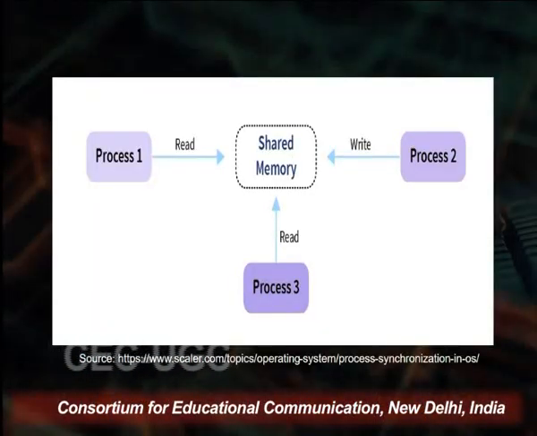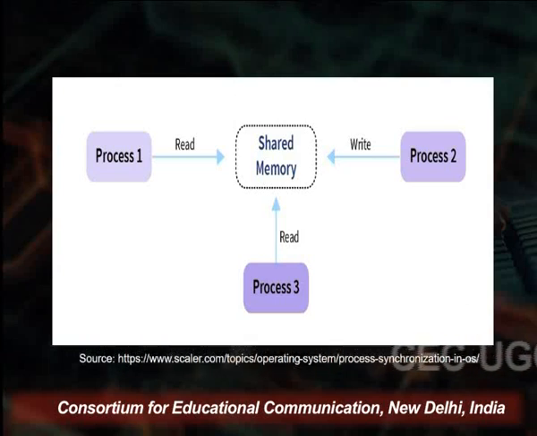So there is a high chance that the data read by process P1 is going to be incorrect, and hence there is data inconsistency. So this is the problem where a lack of process synchronization leads to inconsistent data.